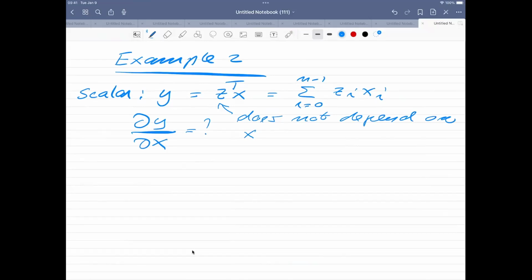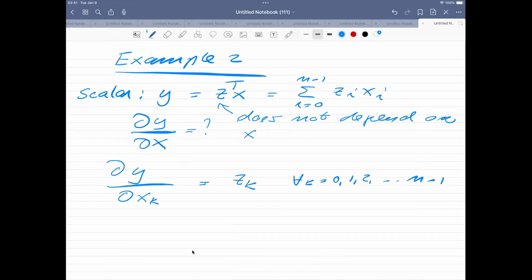We could actually write this out. If we now look at y, so this y is a scalar, we could just pick a component, x of k, and we see that this is simply equal to c of k. And this applies when you take the derivative, because we pick a specific component k for x, and that means that we end up with c of k. And this applies for all k from 0, 1, 2, up to n minus 1.